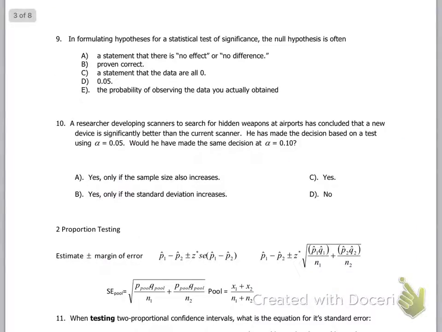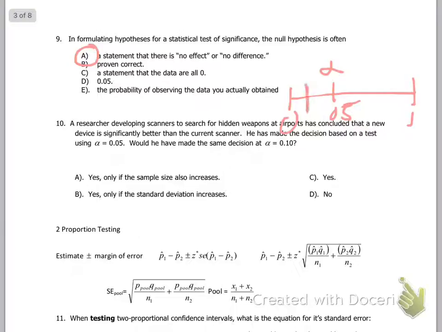Okay, let's do number 9. This is just a basic question. In formulating a test of significance, the null hypothesis is usually the one that has no effect. And 10, a researcher developed scanners for hidden weapons at airports and has concluded that a new device is slightly better. So if they went with the new device, that means they rejected H0.